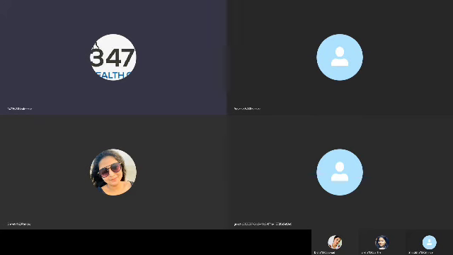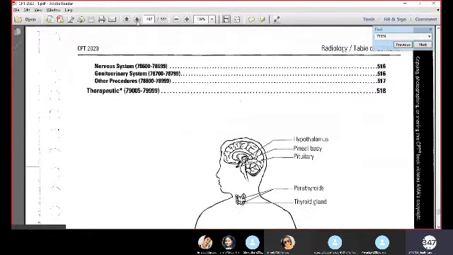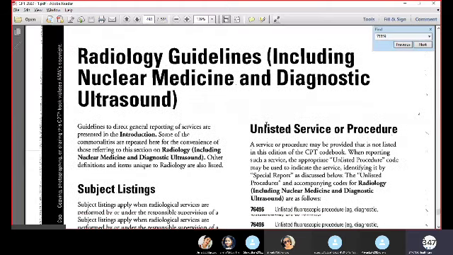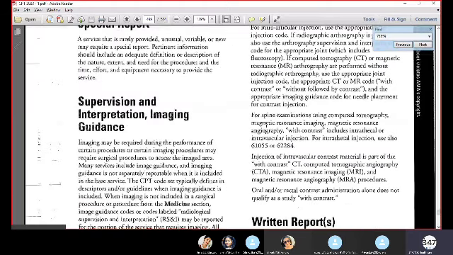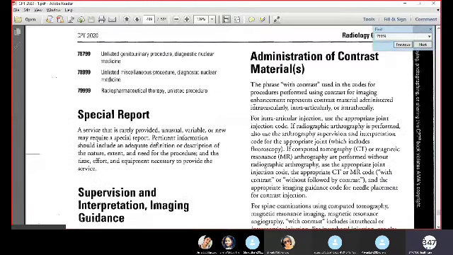I showed all this in class, and again I'm asking, and people are not answering correctly. If the contrast material is administered through oral and rectal routes, then it is without contrast. If it is administered through intravascular, intra-articular, or intrathecal routes, then it is with contrast. So with means intravascular, intra-articular, intrathecal. Without means oral and rectal.